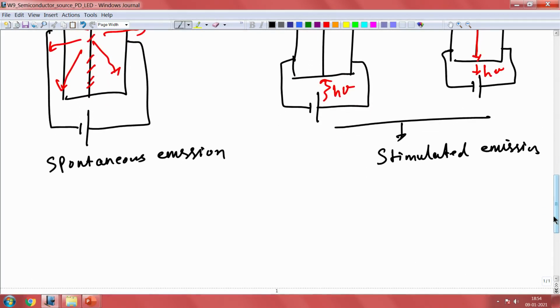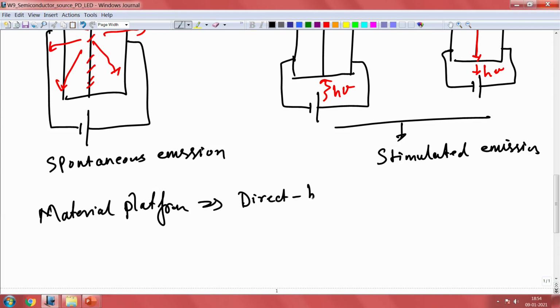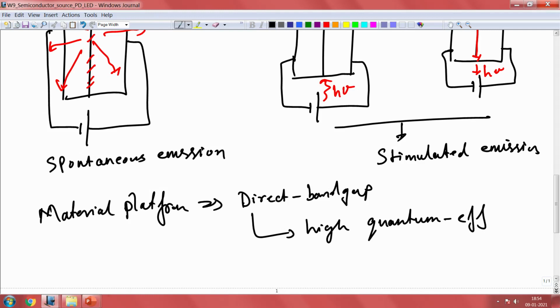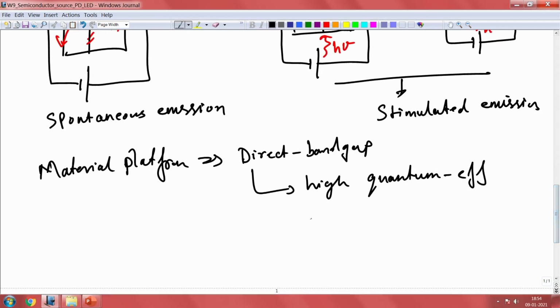It is important that the material platform should be direct band gap material. This will ensure high quantum efficiency of emission. Normally we use 3-5 group semiconductors for this kind of light emitters.